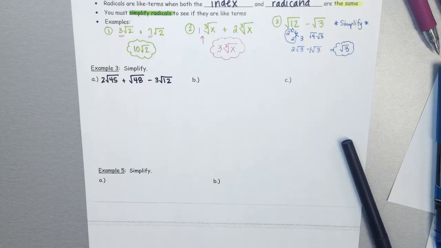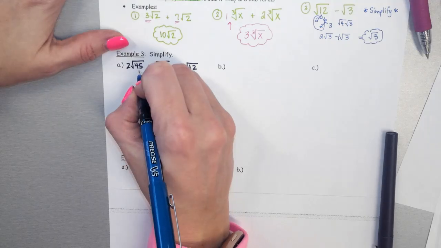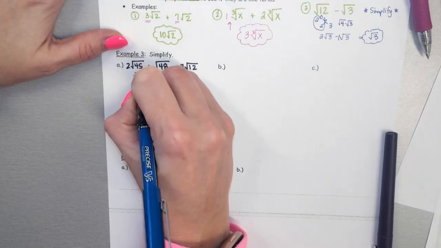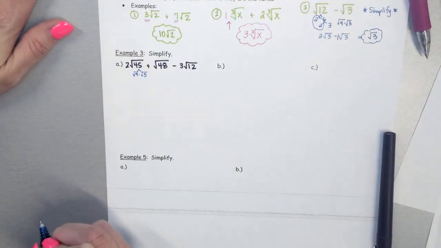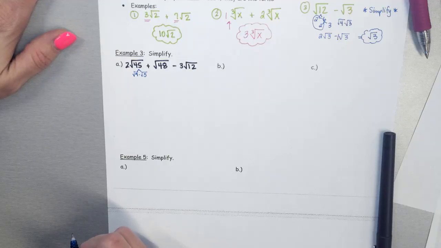So the best thing to do when you have multiple things you have to simplify is let's just do one at a time. So you can do whatever you are more comfortable with. You can factor tree if you want a factor tree. You can pick out those perfect squares if you want to. Something like 45, right away we know that's root 9 times root 5, right? 9 times 5 is 45.